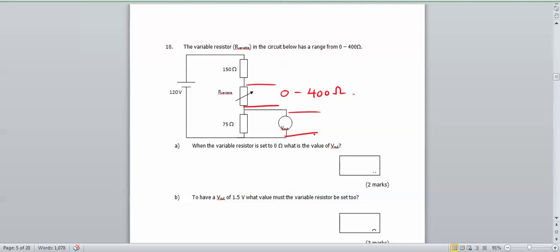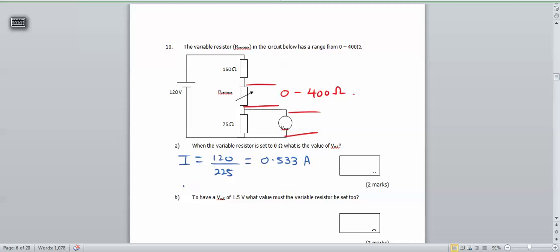When the variable resistor is set to 0, what is the value of V out? Well, this is a voltage divider, a common voltage problem. So let's work out the current. The current is going to be equal to 120 divided by 225, which is 0.533 amps.